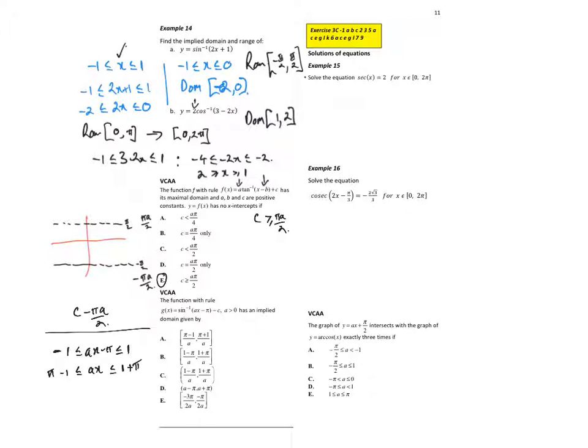A must be greater than 0, it is. So we get pi minus 1 on A less than or equal to X less than or equal to 1 plus pi on A. Hopefully that looks like one of them. Pi minus 1 to pi plus 1. That one there looks about right. It's definitely pi minus 1, square bracket, so that's okay. Yeah, I'm pretty comfortable with that answer.